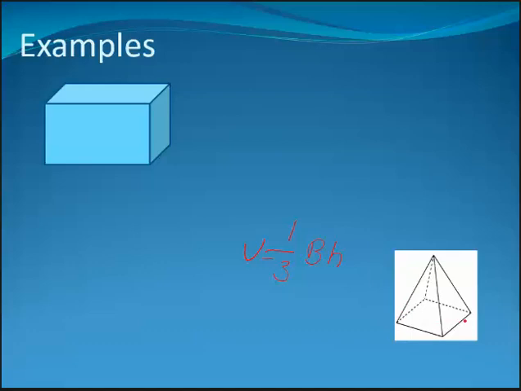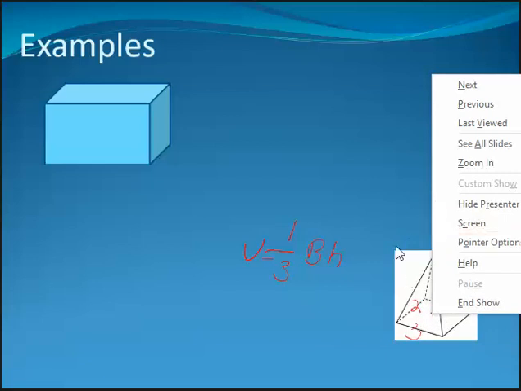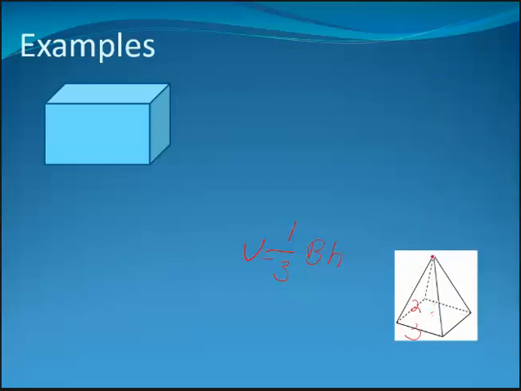This looks more like a rectangle to me, so let's call this 2 and this 3. And then we need a height in here. It has to be given to you. I know I didn't draw that very straight, but we're going to say that that's a right angle, and we'll say that it's 5.